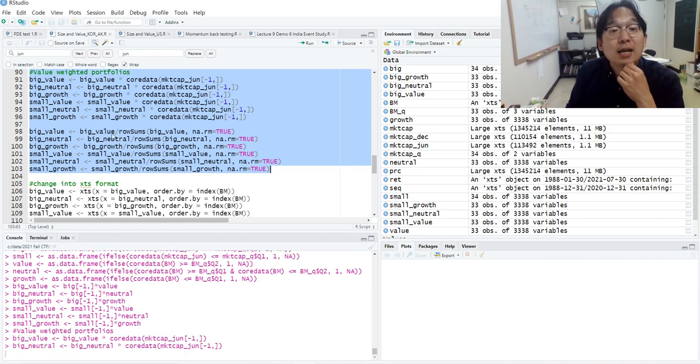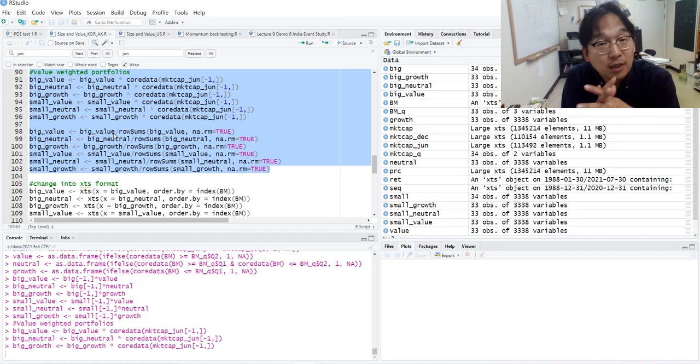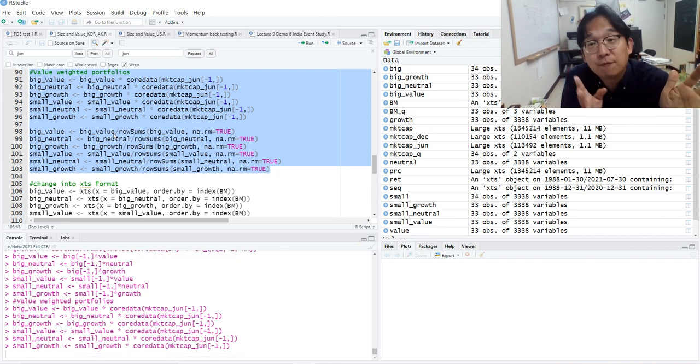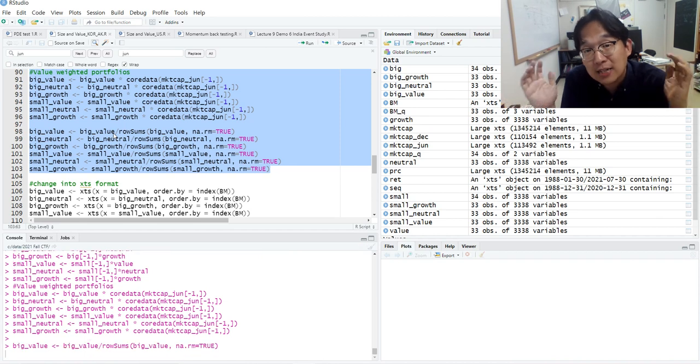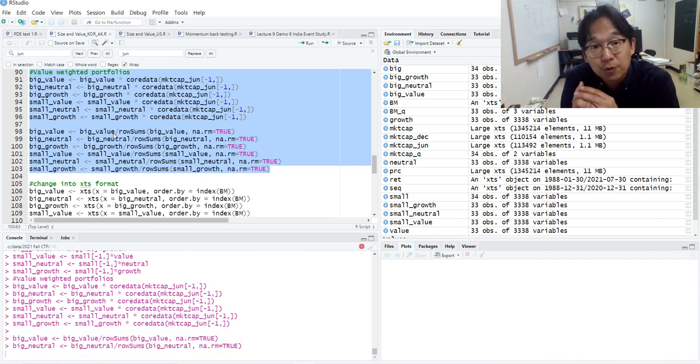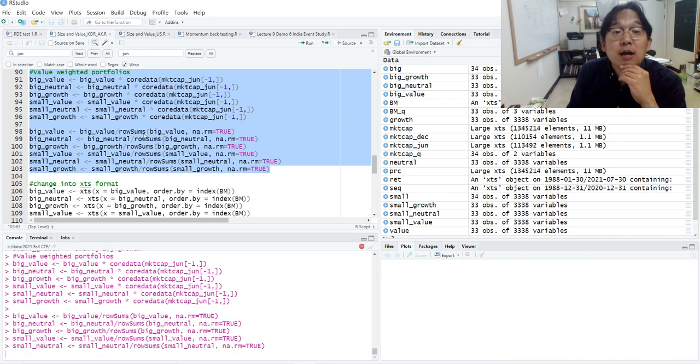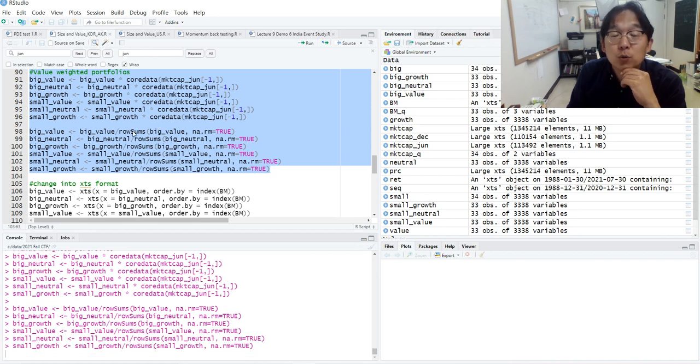You divide the market cap of your company by the aggregate market value of the portfolios in that segment. 6 different portfolios: big value, big neutral, big growth. This is the sum of those market caps in that portfolio, and this is the market cap of your company.